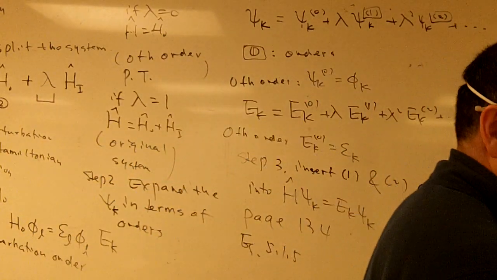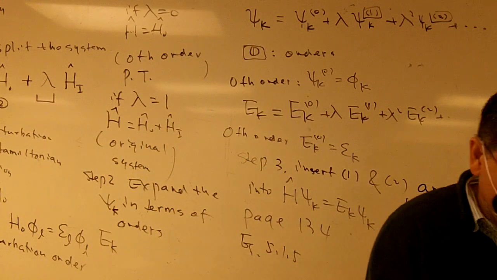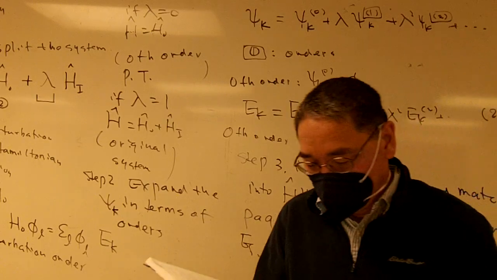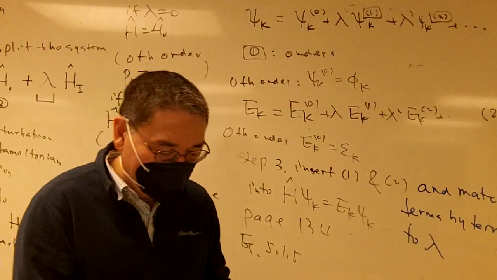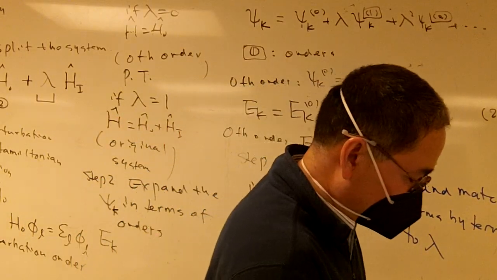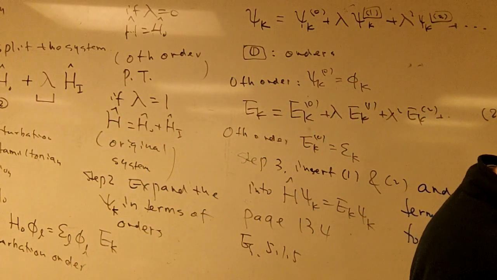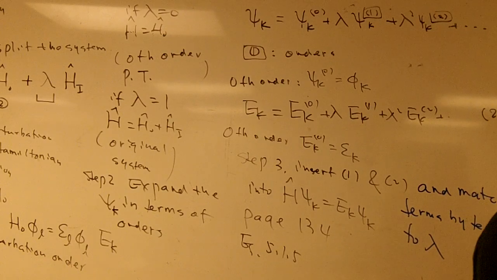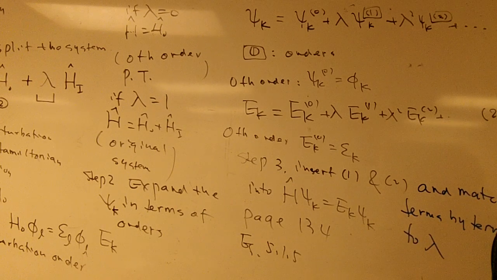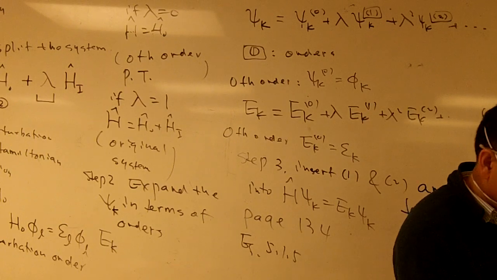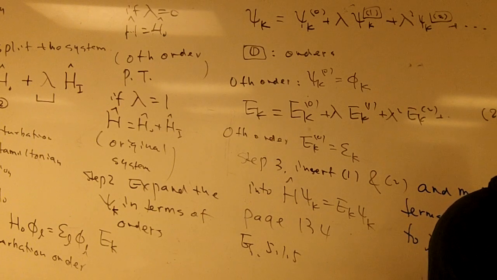Aisha, could you read the next paragraph, please? Next, consider lambda 1 terms. Lambda 1 is H-hat naught psi sub k to the first order plus H-hat I times psi sub k to the zeroth order equals E sub k to the zeroth order times psi sub k to the first order plus E sub k to the first order times psi sub k to the zeroth order.